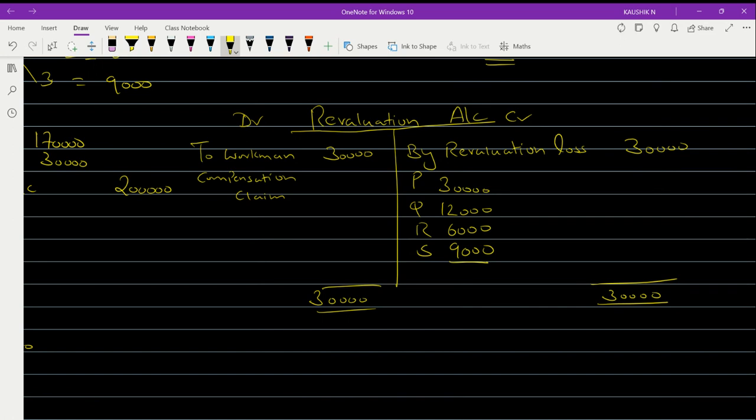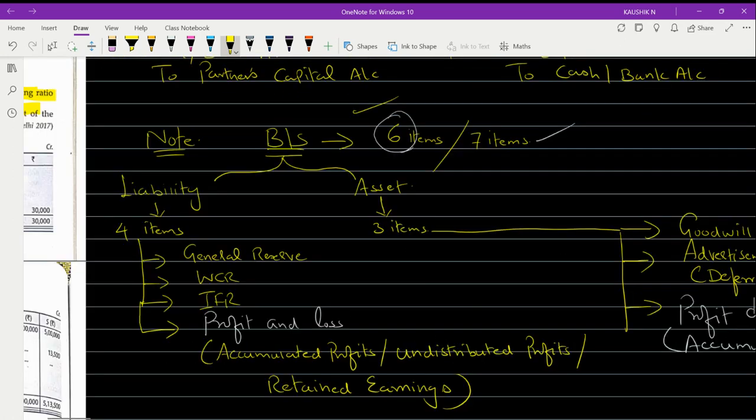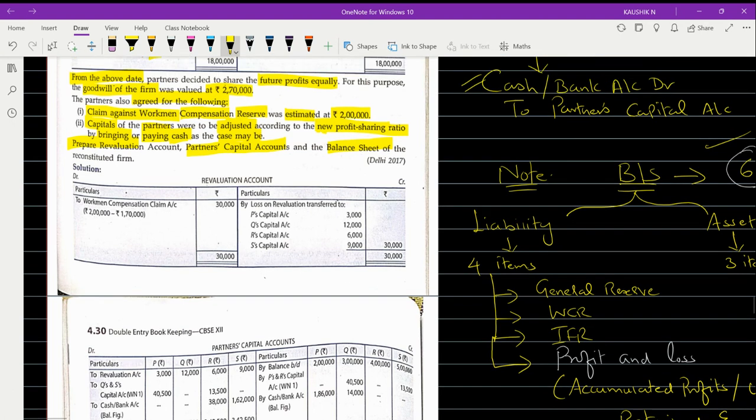So the first step is done, preparing the revaluation account. Is it clear? We are just talking about the partners' revaluation account concept: the compensation claim, and the loss which we transferred to the capital account.